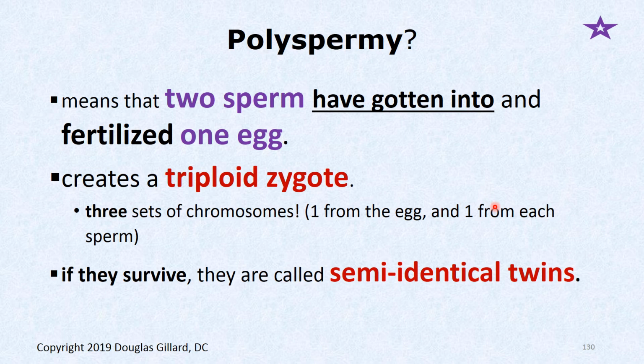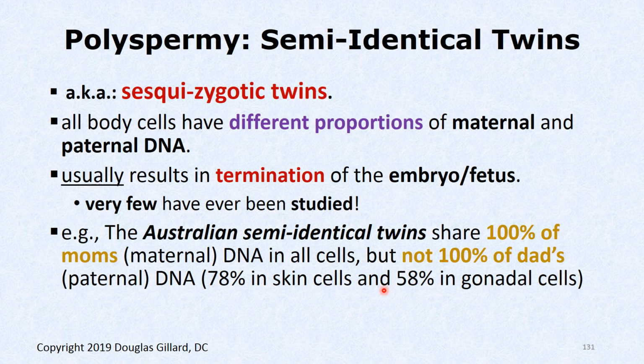And that creates not a haploid zygote, not a diploid zygote, but a triploid zygote, because there's 3 sets of chromosomes in the mix when this happens. There's one from the egg, and then there's one from each of the sperm. So we got 3 sets of genetic material. And if they survive, they're called semi-identical twins.